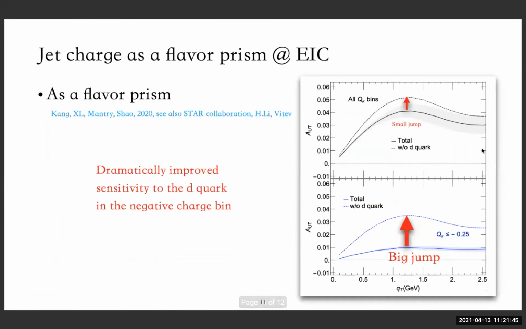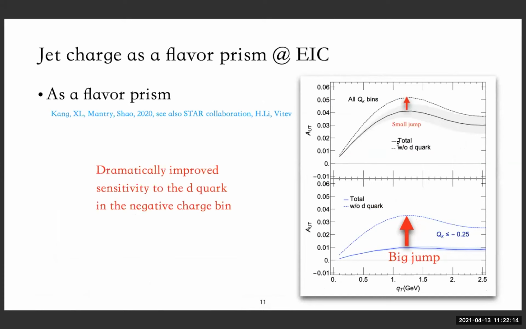Okay, now let me show an example of the sensitivity of the spin asymmetry to the D quark Sivers function at the EIC. We studied this by looking at how the spin asymmetry will change if we entirely remove the D quark contribution from the polarized cross-section. This upper panel shows the case where no jet charge is measured.